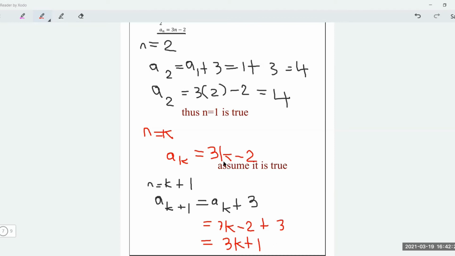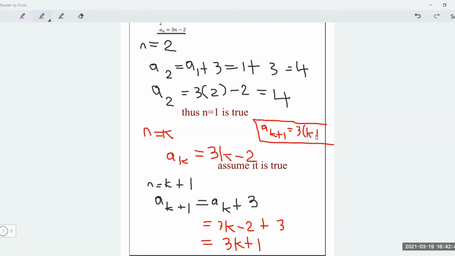But look at this. If you replace n with K plus 1, what we want to prove, from this line right here, is that AK plus 1 is equal to 3 times, in bracket, K plus 1 minus 2.